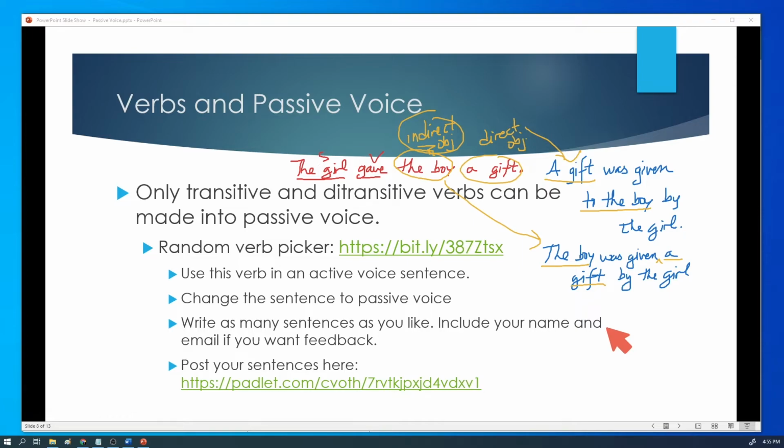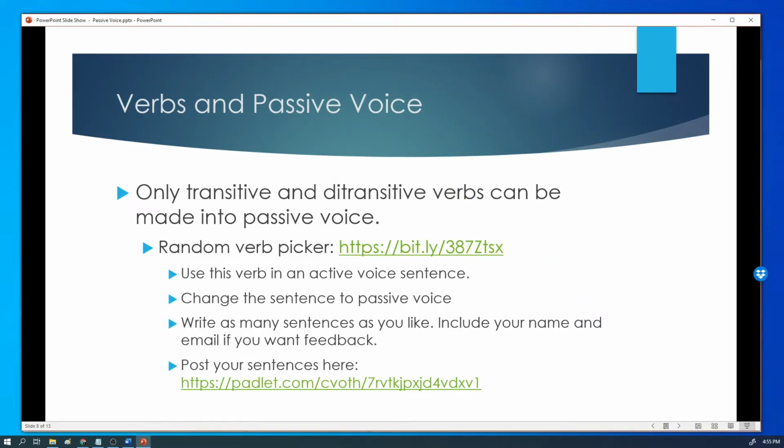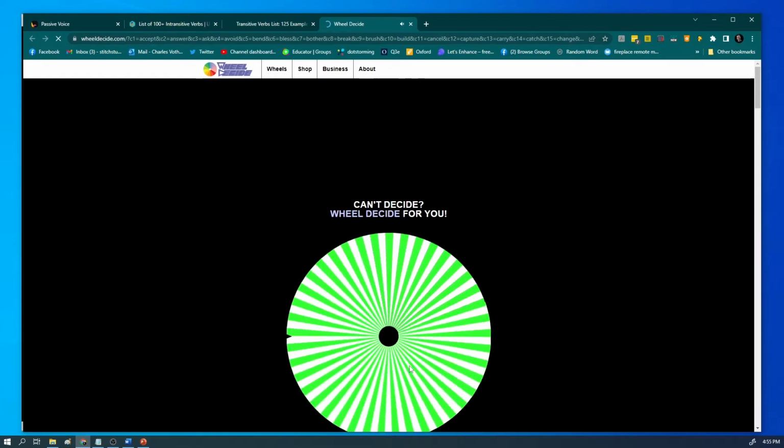Okay, so what I'd like you to try and do, if you want, is go to this random verb picker and you will be able to choose a verb. All right, so just spin the circle. And now you have the verb love.